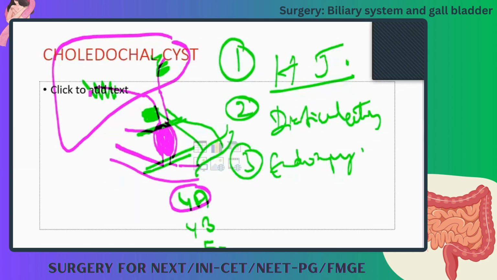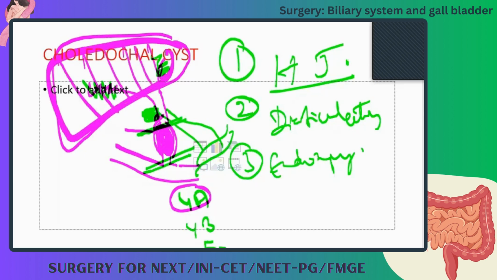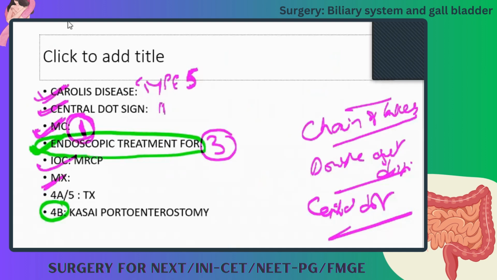That's intra and extrahepatic. So if the disease is going inside the liver, then our only option is a liver transplant, nothing else. So 4A, liver transplant. 5, that's also intrahepatic and it's also multiple. So again, liver transplant.